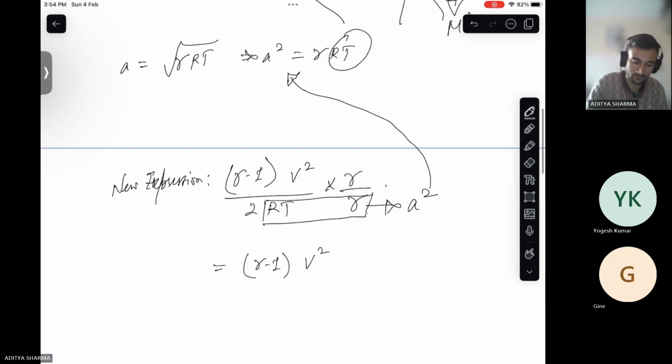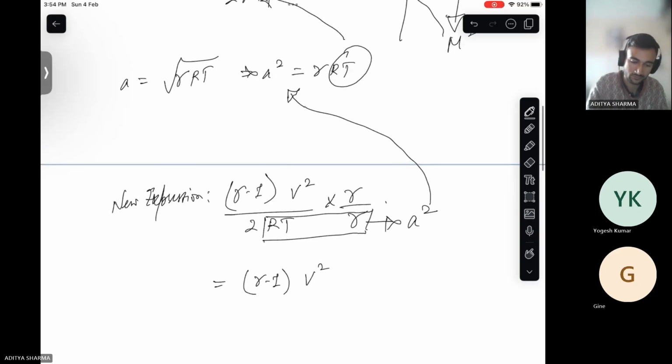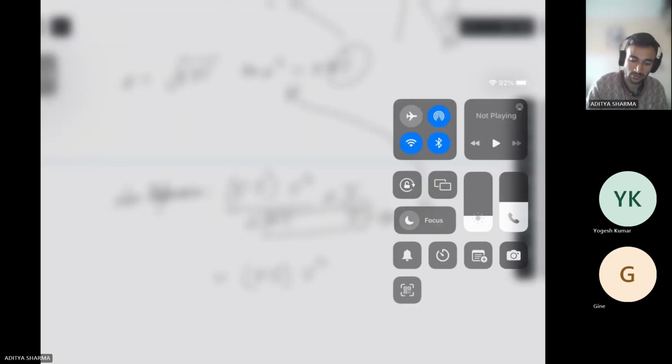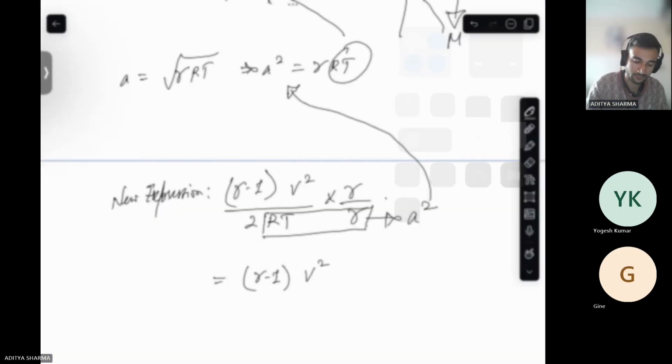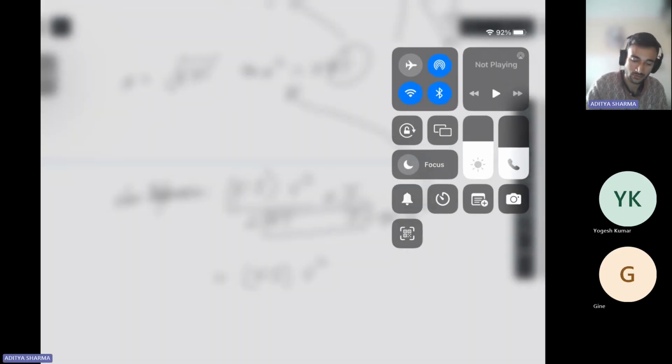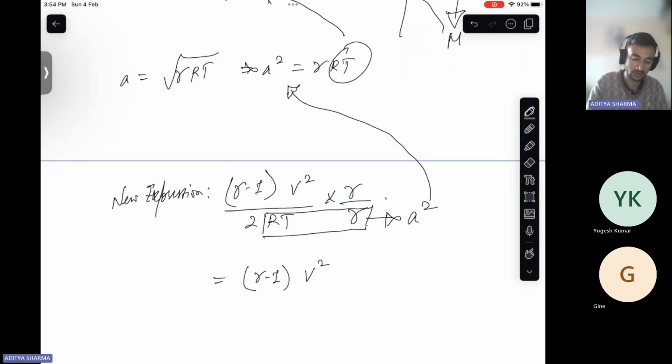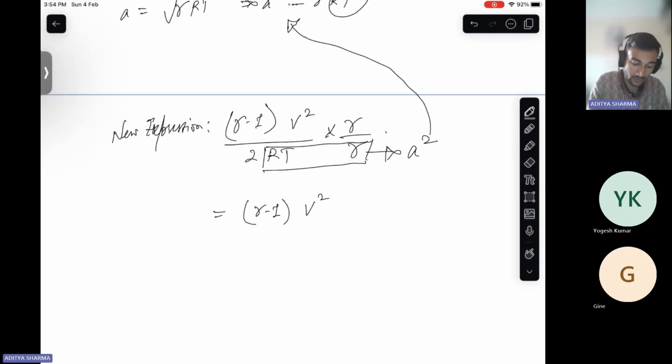So this will become a square and then 2 is there. So it becomes gamma minus 1 by 2 divided by a square, and there is gamma also. So it becomes gamma into gamma minus 1 divided by 2 into M square.